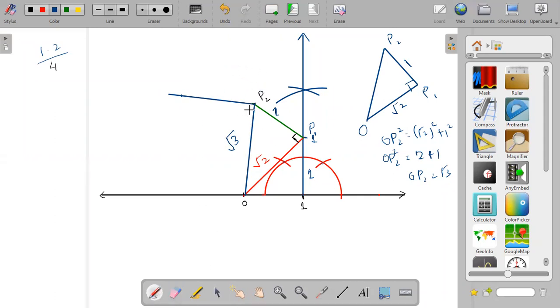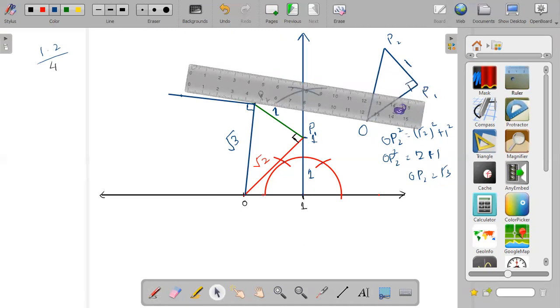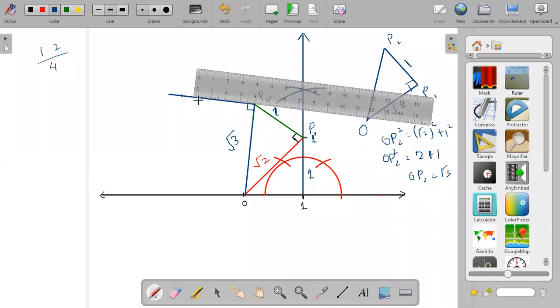So again we got 90 degrees. But this length should be 1, so we have to take 1 again. How much is our 1? 4 centimeters. We have to keep it here at 4 centimeters, and we need this point. This is our P3 point.